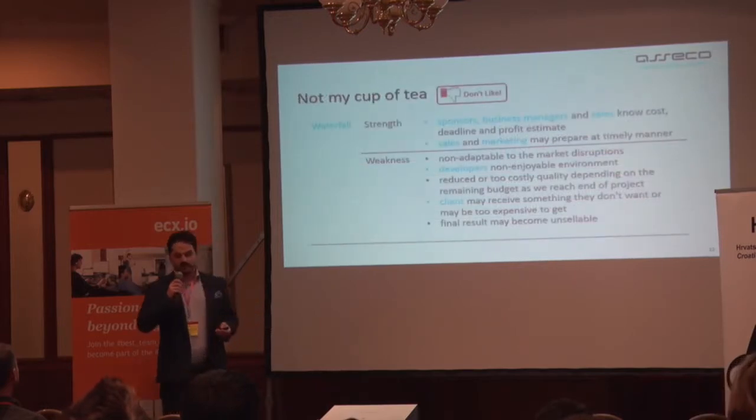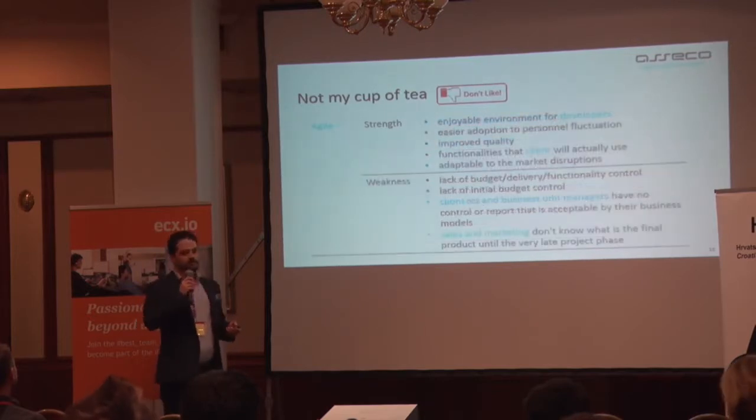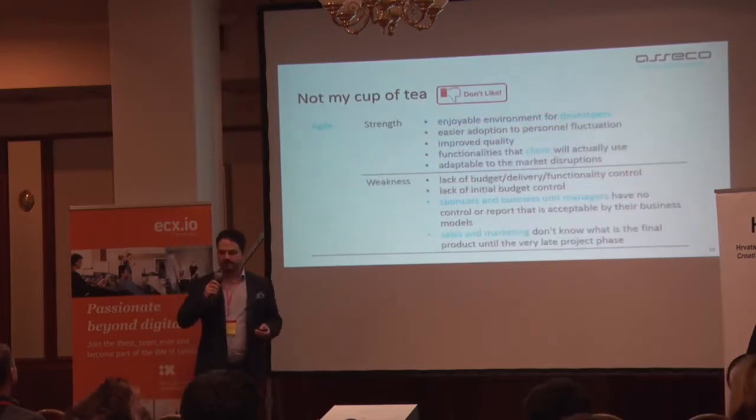So we sat down and put the waterfall and the agile model on the floor and identified whether each is suitable for these stakeholders. We identified that the waterfall model was more for business unit managers, marketing, sales, and sponsors. But developers and clients need agile.